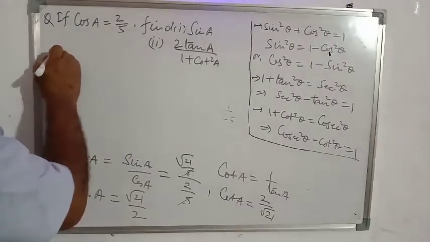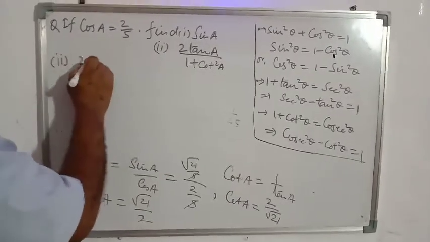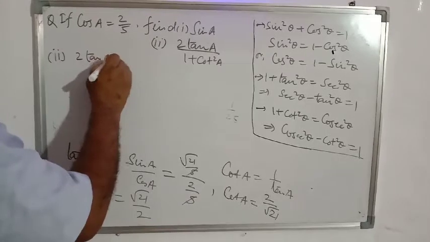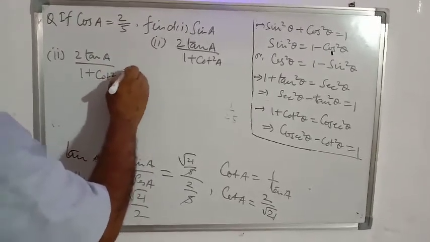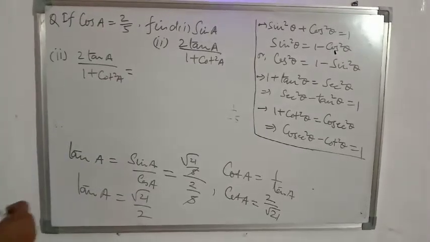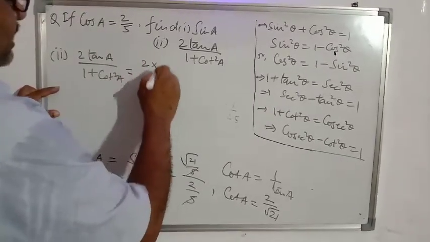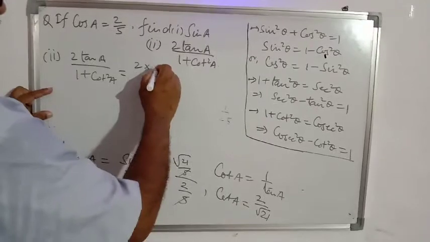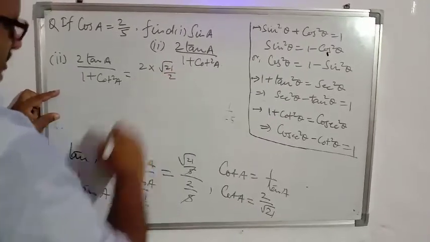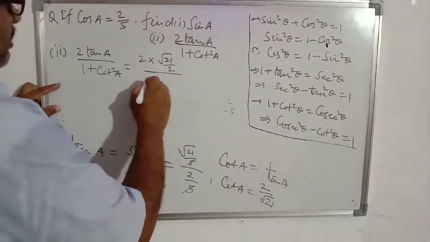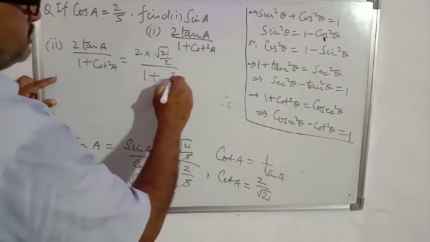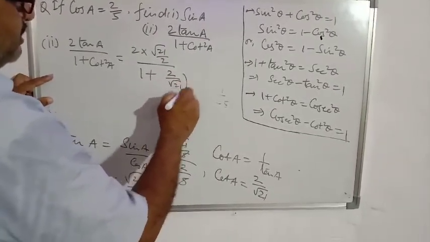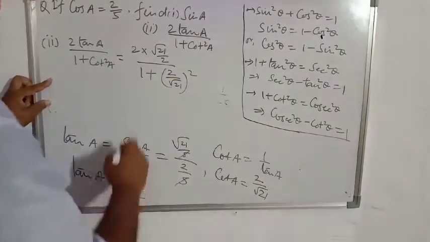So the second part: 2 tan A upon 1 plus cot square A. The value of tan A is root 21 by 2, so 2 times that, upon 1 plus cot square A. Cot square A means (2 upon root 21) whole square.